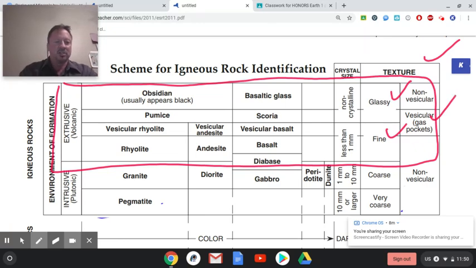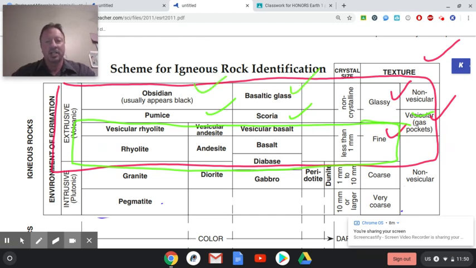If you're looking specifically for the fine-grained rocks, you look here. All these guys have a fine texture. Honestly, the only ones that are vesicular are pumice and scoria, and the ones that are glassy are obsidian and basaltic glass. So that's part of this here.